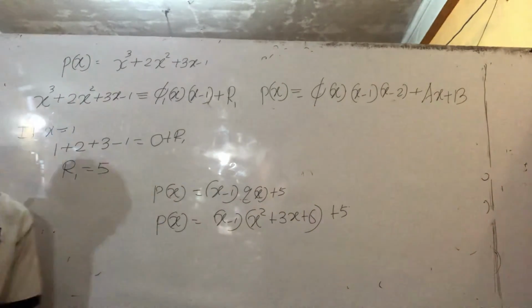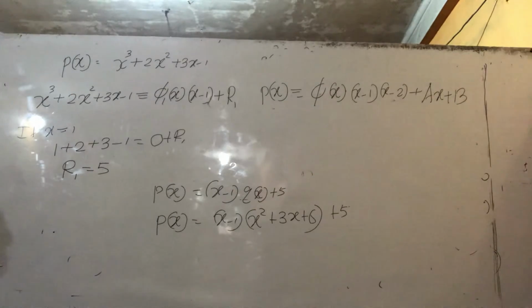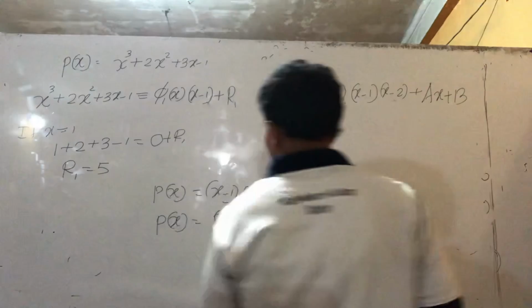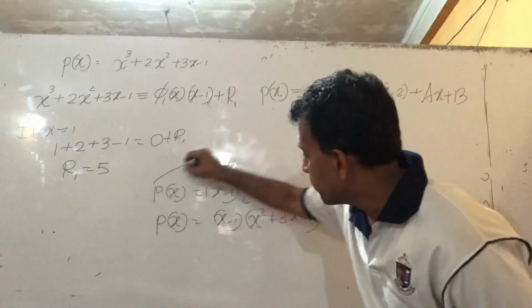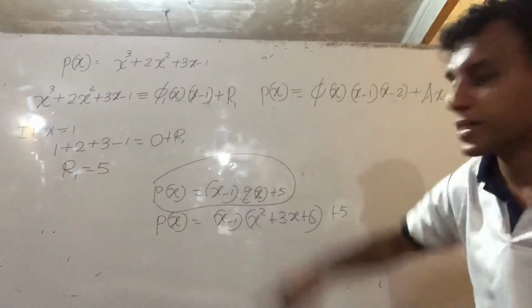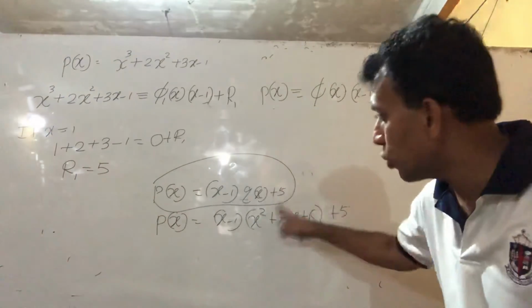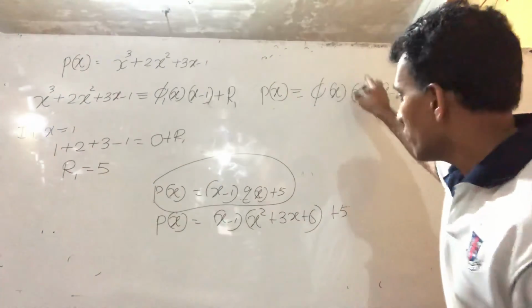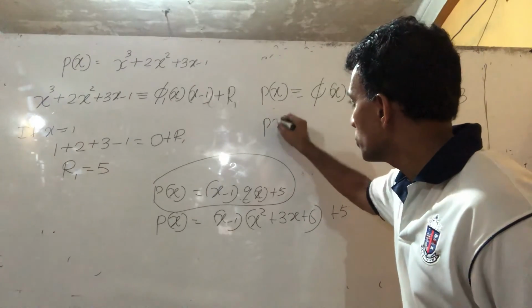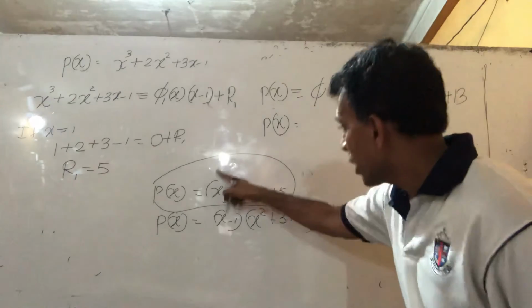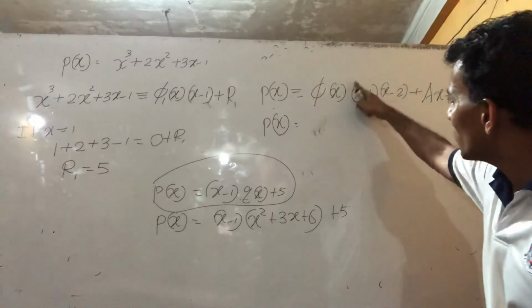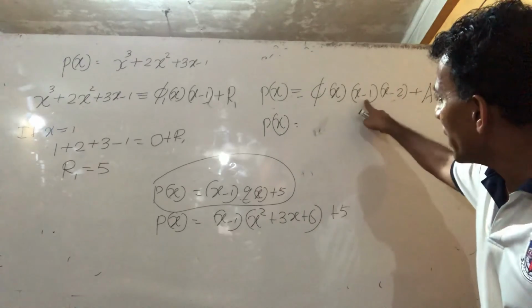Then see if there is any simple method by using the previous answers. Using the previous answer, p(x) can be shown in this pattern. So therefore, see once again, p(x) equals, can I write this one here? x minus 1, we have the x minus 1 here.